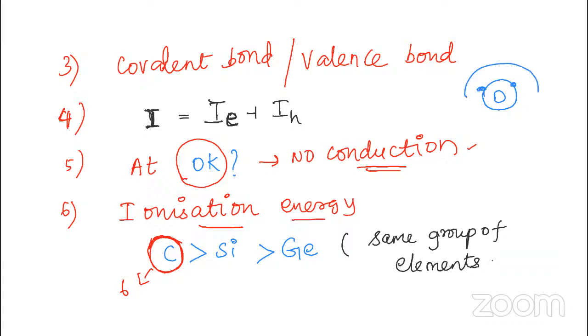The next ring takes 8 electrons. Here there are only 6, and 2 are already used, so what will be the remaining? It is 4. 1, 2, 3, 4. The outermost shell we can call the valence shell.